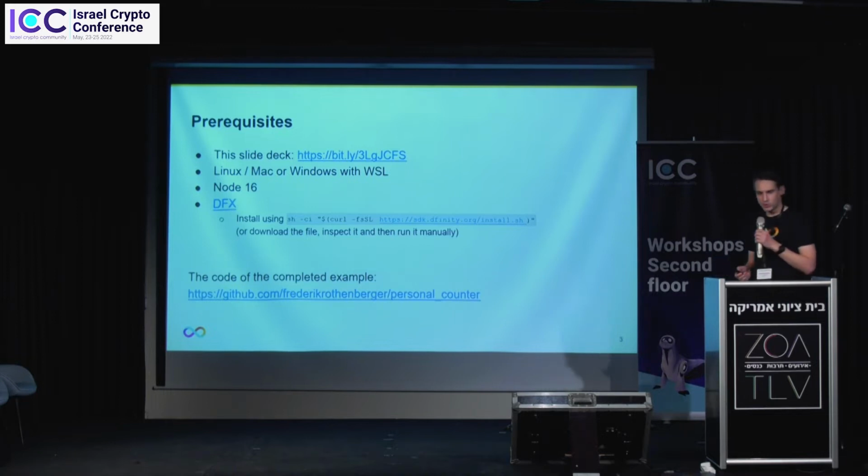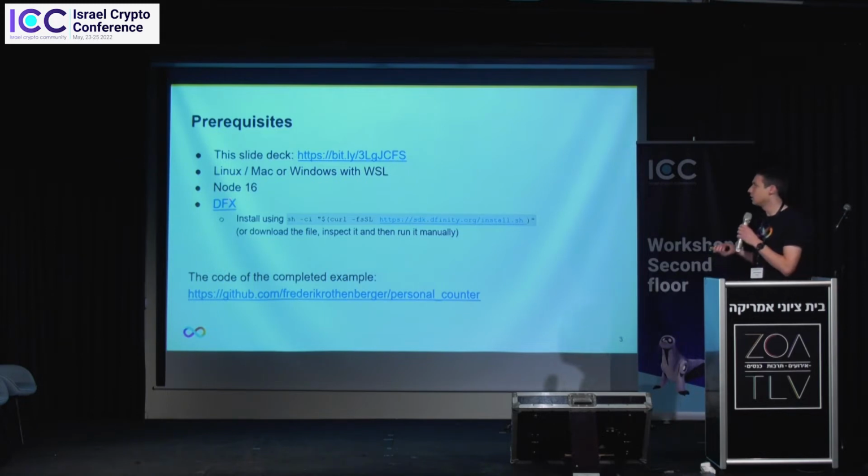So first and foremost, the prerequisites to code along are, well, it's really helpful if you have this slide deck. The link is also available on the promo code that I just handed out. You then need a Linux or Mac machine, or if you're on Windows, you need to use the Windows subsystem for Linux.